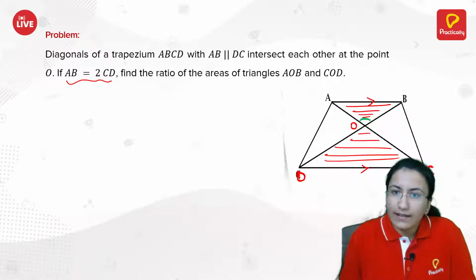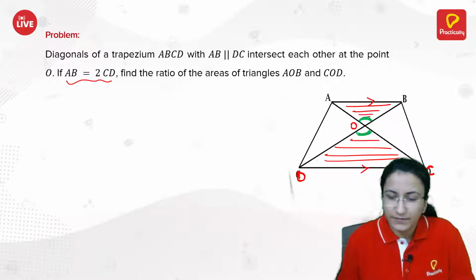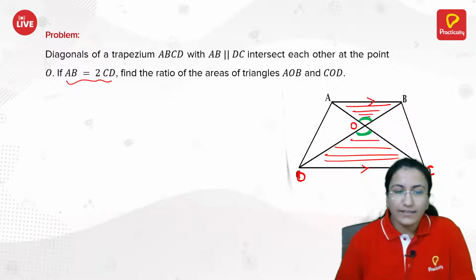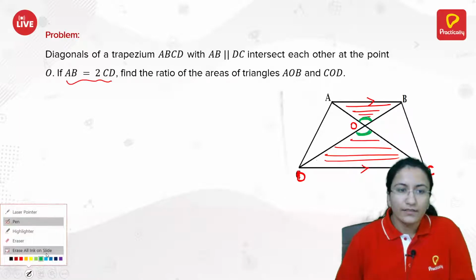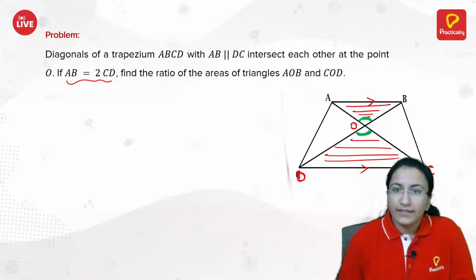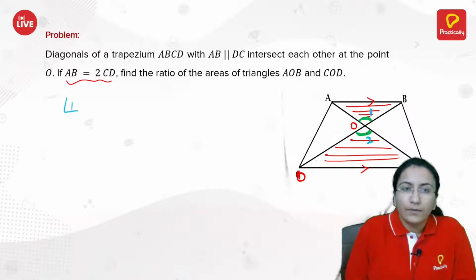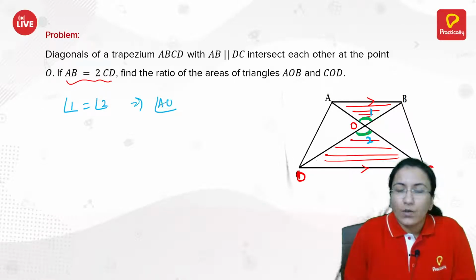Just see these angles. The first angle is this one and the next angle is this. Are they related to each other? This angle which I am marking as 1 and this angle which I am marking as 2: angle 1 is equal to angle 2, or I can say angle AOB is equal to angle DOC.